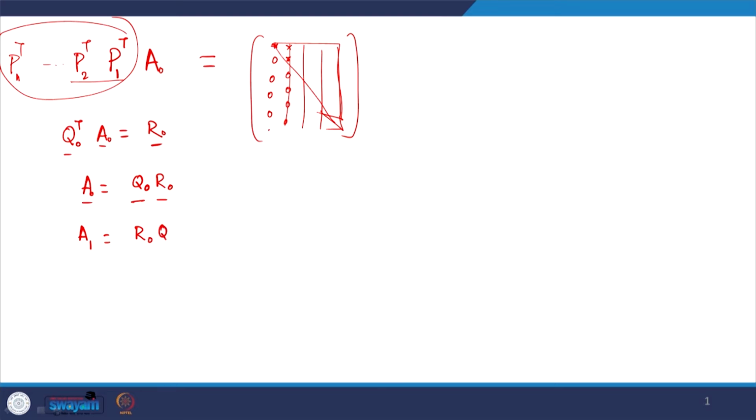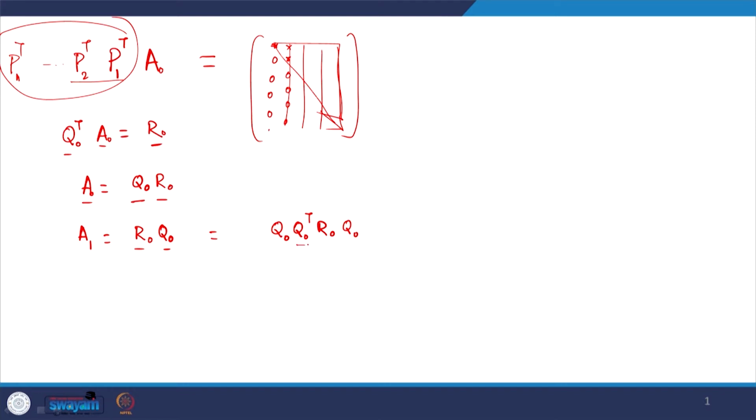R 0 Q 0. Having computed the QR factorization, I just interchange the order of matrix multiplication and define a new matrix. So, what is this matrix? I can write this as Q 0 transpose Q 0 R 0 Q 0, because this is an orthogonal matrix, so Q 0 transpose Q 0 is of course the identity matrix.